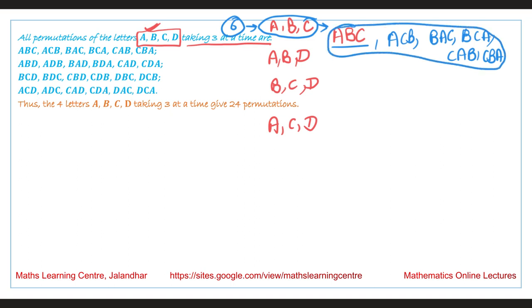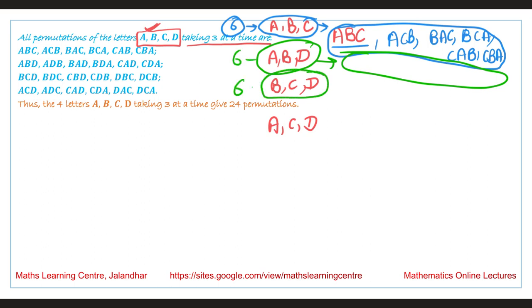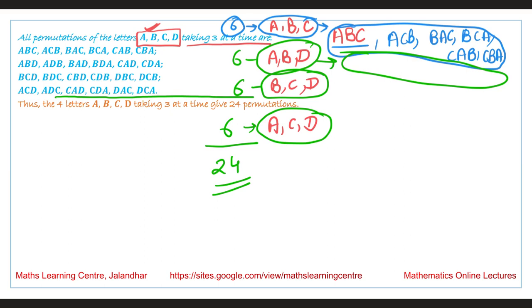Similarly, corresponding to the second, if we choose A, B and D, we can make 6 different permutations. Corresponding to each of these 3-letter choices, we can make 6 different permutations. So the total number of permutations we have is 24. So the 4 letters A, B, C, D taking 3 at a time give 24 permutations.